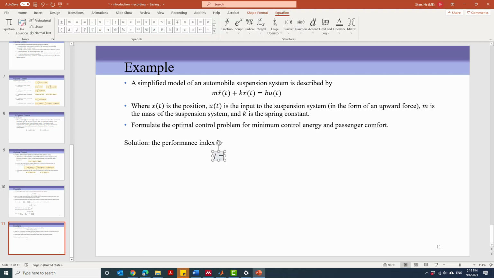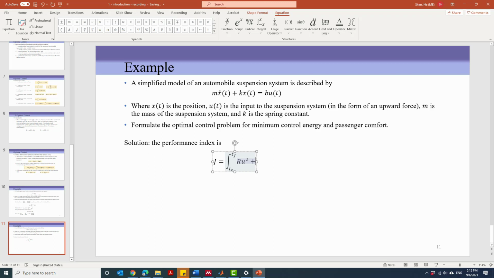The performance index is composed of two parts. The first part is the minimum energy consumption, which is the integration from t0 to tf of u transpose times R times u. Since u is a scalar, we can write it as R times u squared, plus the passenger comfort.